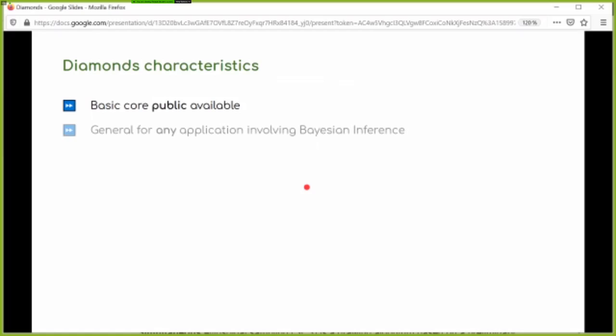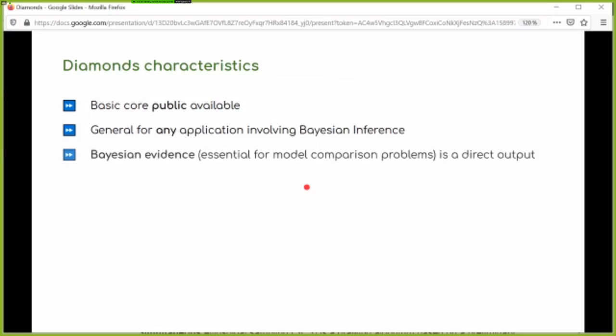So what are the characteristics of Diamonds? Diamonds has a basic core publicly available, and it's a general software for any application involving Bayesian inference. It provides the Bayesian evidence, which is essential for model comparison problems, as a output.